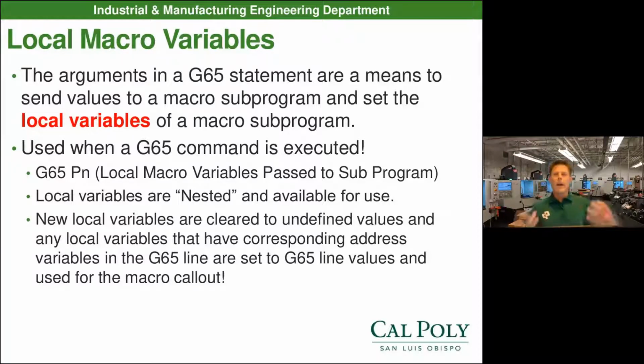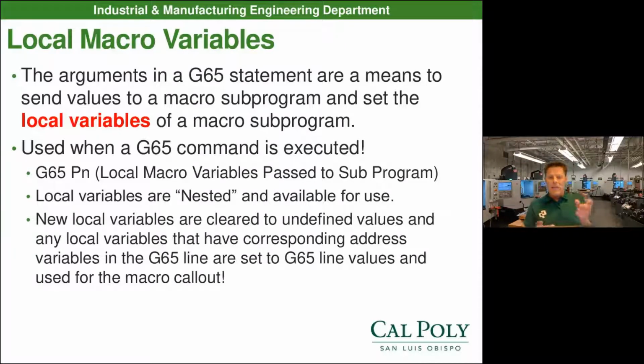Now, these variables, remember there's 3 different types. There's local, global, and then our system variables. The local variables, there's only 33 of those. They're actually used with the G65 statement. So maybe a lot of you have used probes before. G65, P9810, when you probe a bore, something like that.